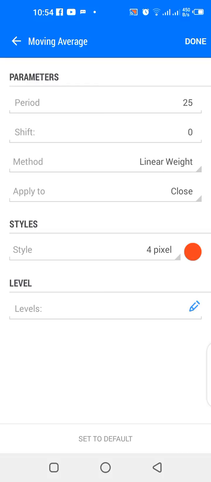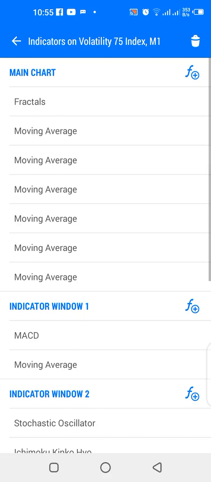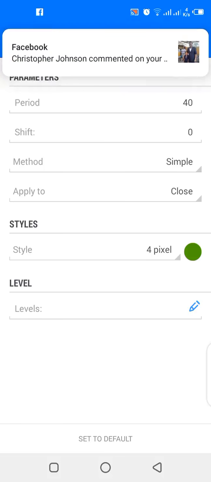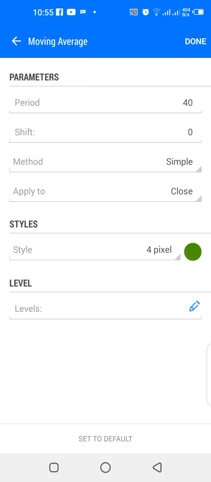Apply to close, shift is 0, and the color is red. Then the fifth one is a 40 period simple moving average. Shift is 0. Apply to close, and the color is green.